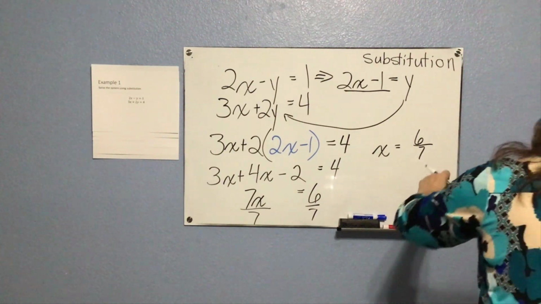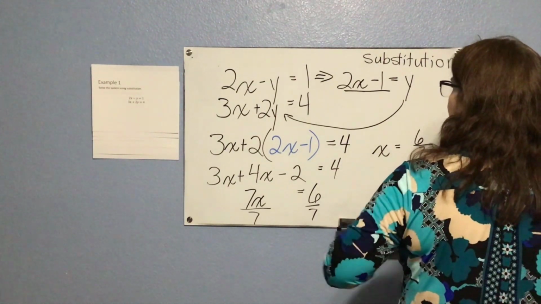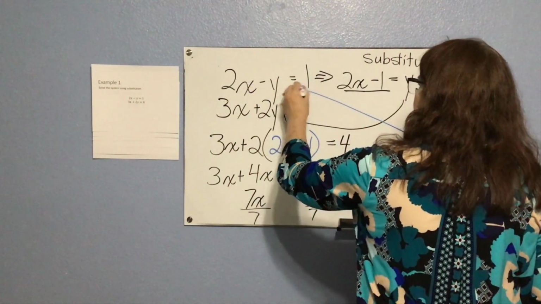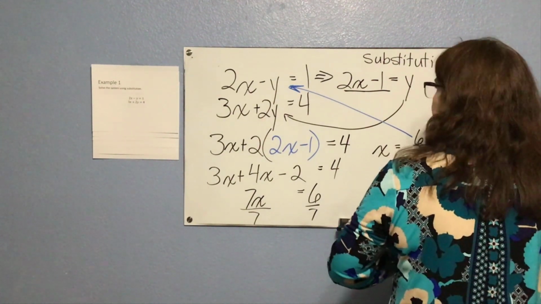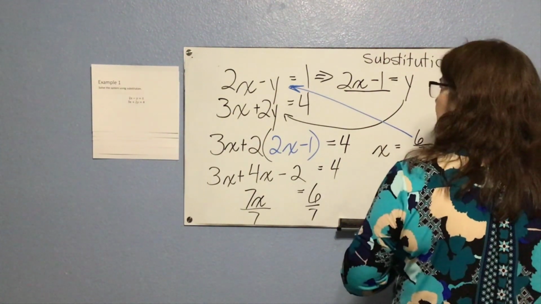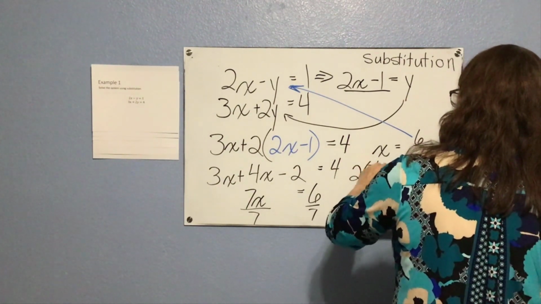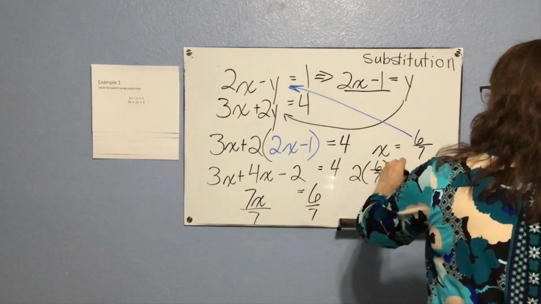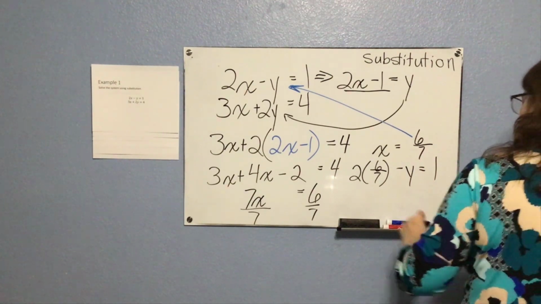So I'm going to take this value and put it back into one of these equations, and I'm going to use this one because the coefficients are smaller, and I think it'll be a little easier. So now I'm going to have 2 times 6 over 7, my value for x, minus y equals 1.